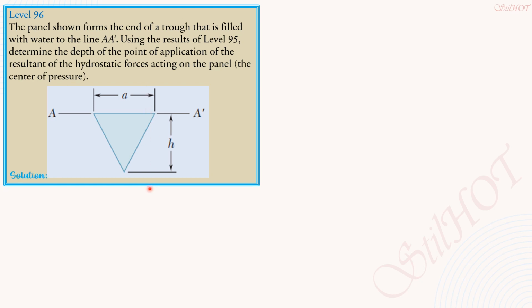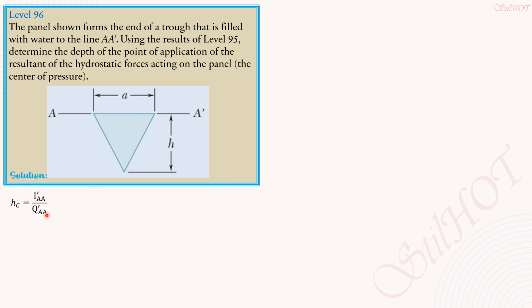So for our solution, we have to locate the centroid first. So this was the result in level 95. So hC, the distance from the water surface to the center of pressure, is the moment of inertia of this section with respect to axis AA prime divided by the first moment of this area with respect to AA prime.